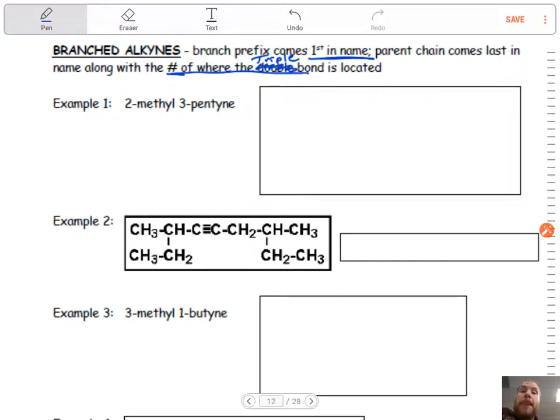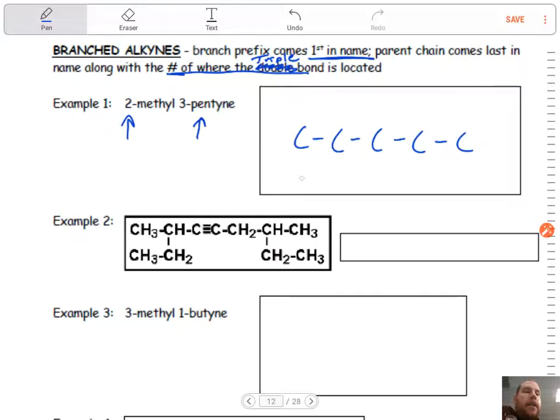I'm going to start with my big chain first. So that's pent. So I need 5 carbons. 1, 2, 3, 4, and 5. It says 3-pentyne. Notice here, though, my branch chain gets named first, so the numbers correspond to that.